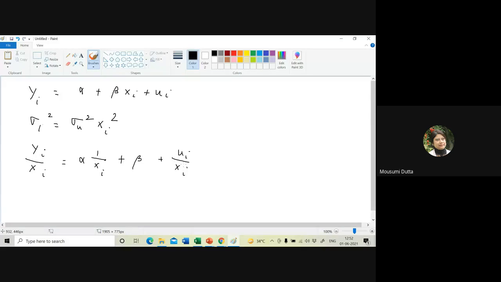Okay, so in the original model, alpha was the intercept and beta is the gradient. In the transformed model, when we are regressing yi by xi on 1 upon xi, in the weighted model, beta is becoming the intercept and alpha is becoming the gradient. So these are two separate models.